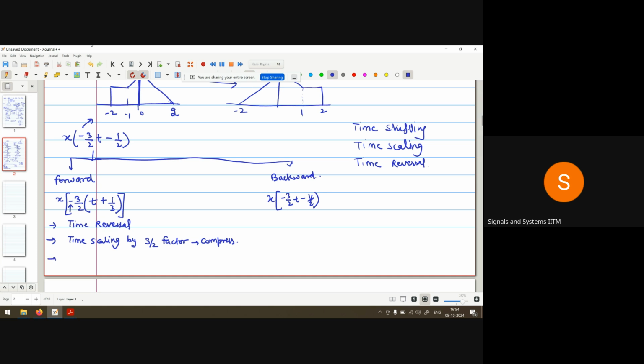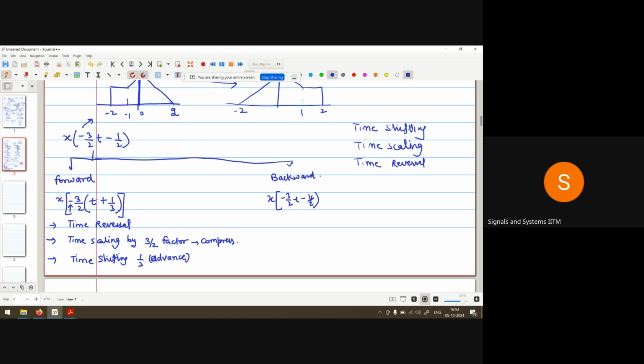Then time shifting is 1 by 3, and this 1 by 3 is an advance. Any doubt?